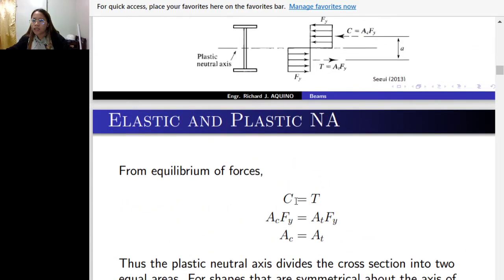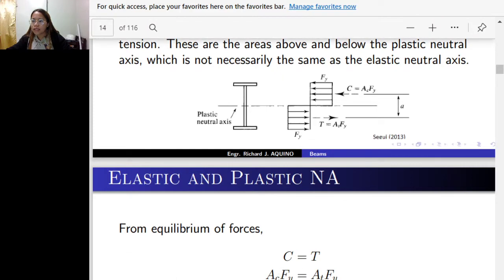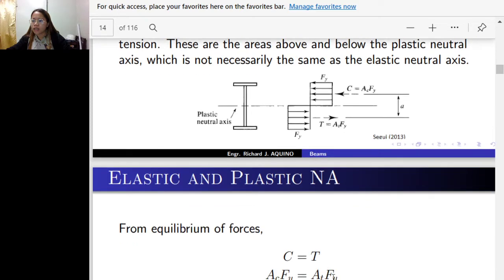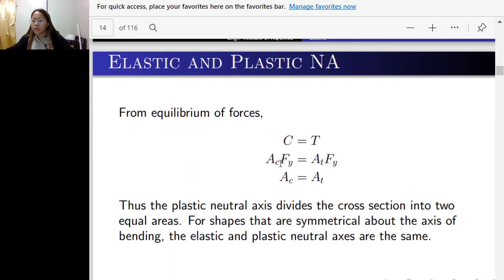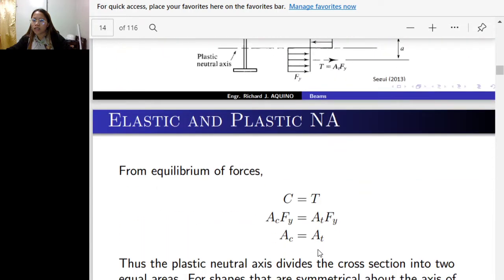So this force C, the concentrated force, is equal to the cross-sectional area subjected to compression times the yield strength, which is equal to the cross-sectional area subjected to tension times the yield strength. Since the yield strength is on both sides, you can cancel it, so the areas of the compression and tension sides are equal.